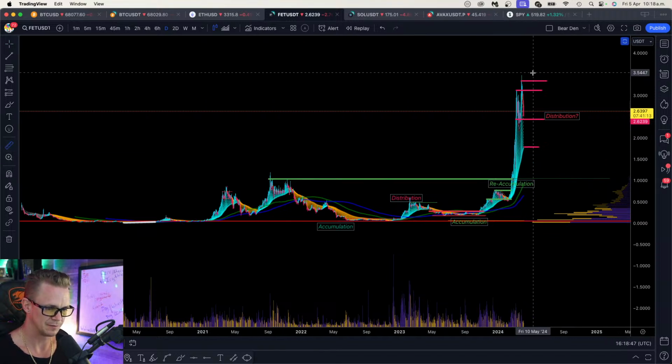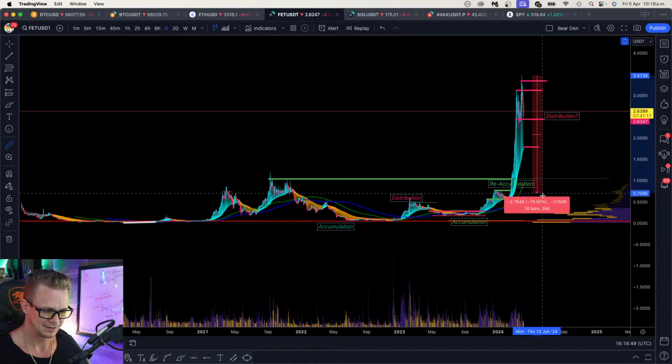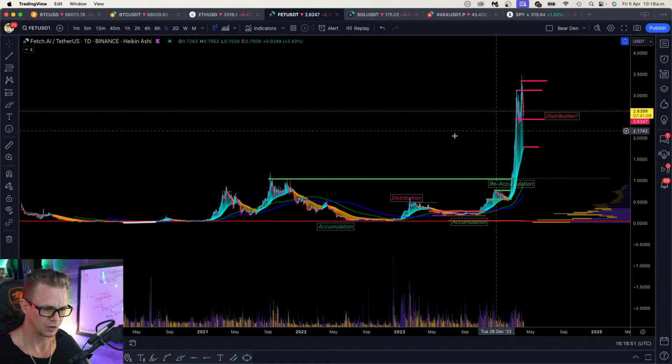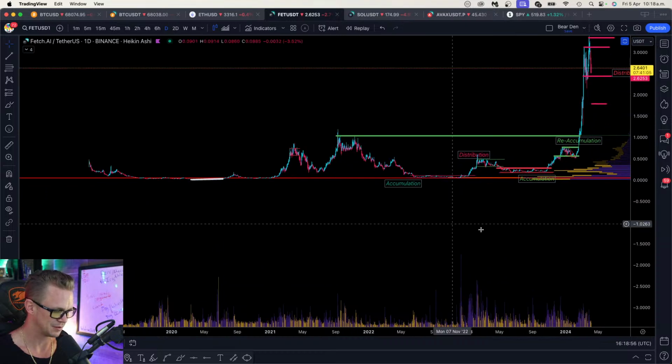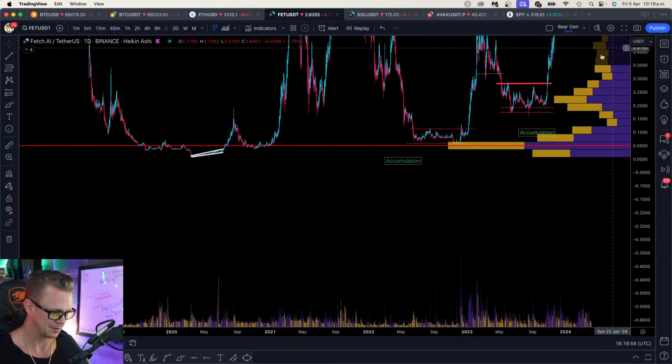There's more than one time we've seen Fetch come down 70 to 80% before going up another 10x. So I went over this yesterday as well. It's just understanding market cycles and mentality.